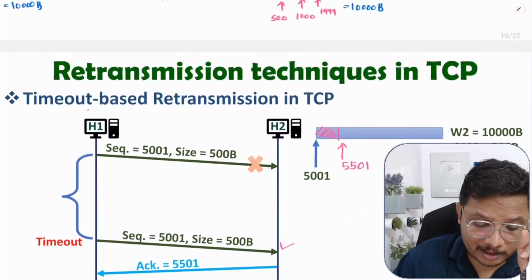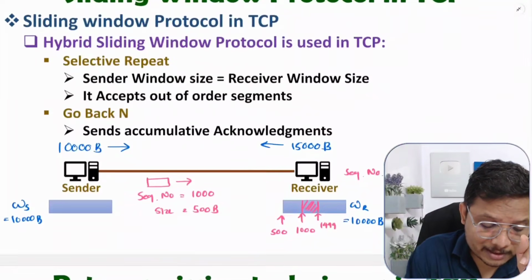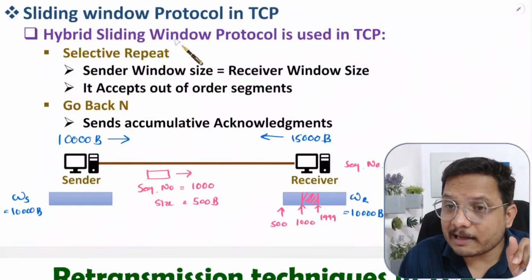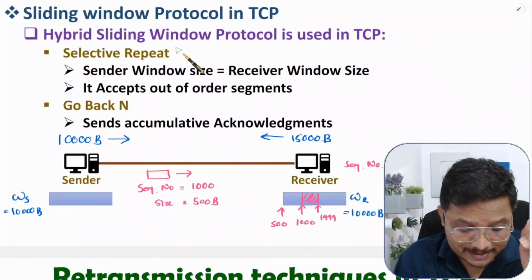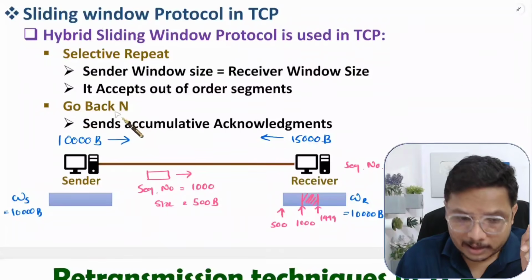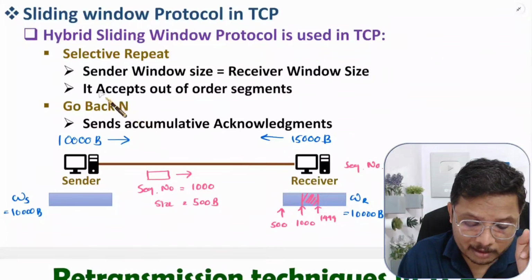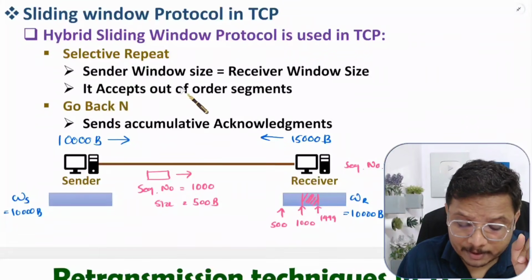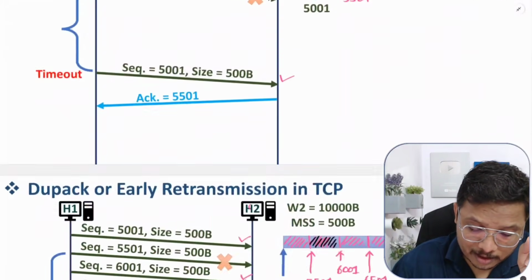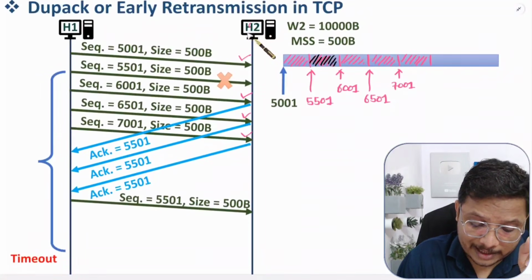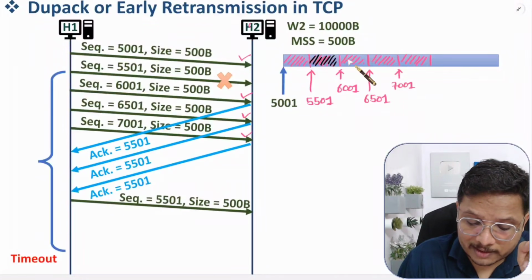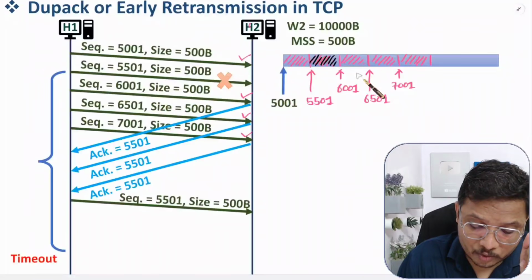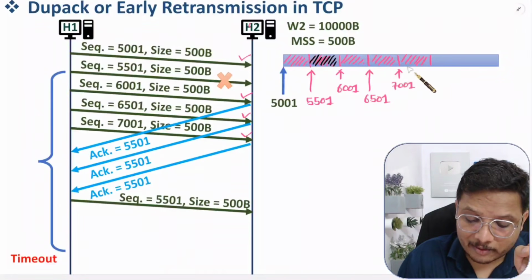I have already told you in my last video that TCP works with a hybrid sliding window protocol, in which it uses features of selective repeat as well as go back N. In selective repeat, you should know it will accept segments out of order. See here, H2 was waiting for 5501, but H2 has received 6001, 6501, and 7001 sequence numbers, right?